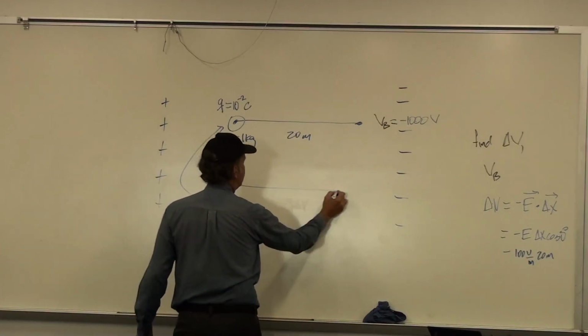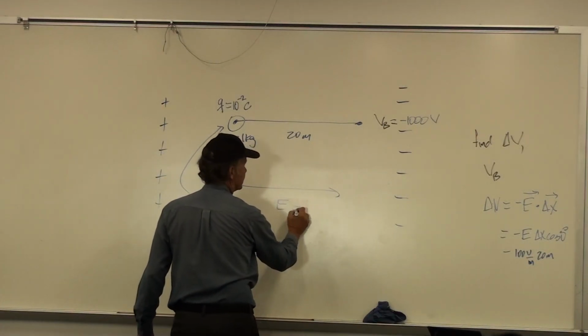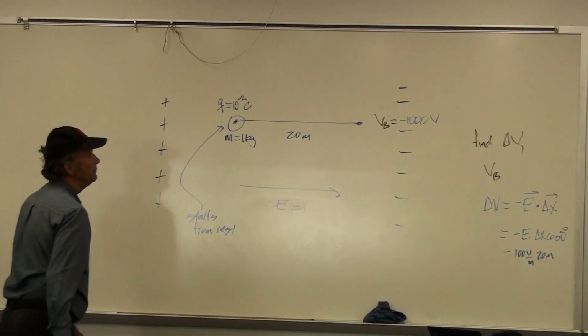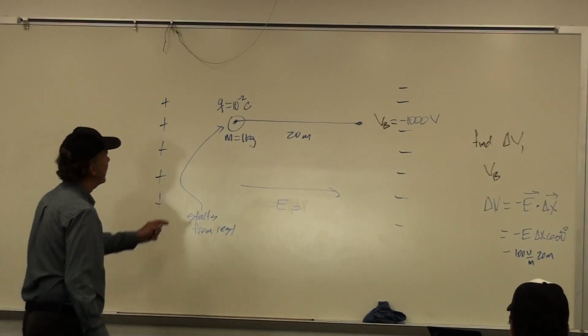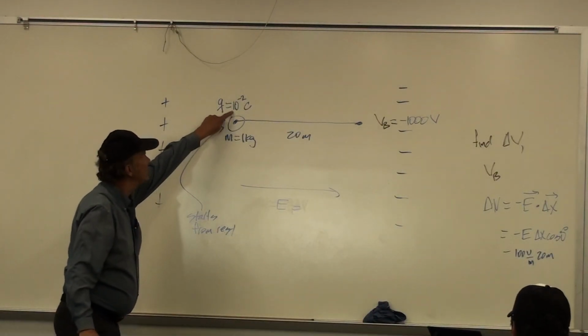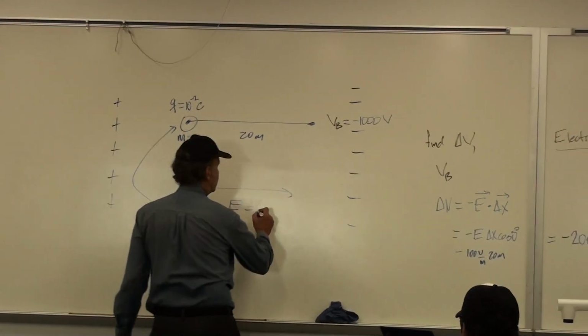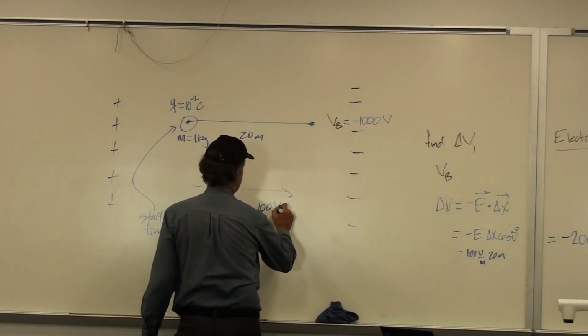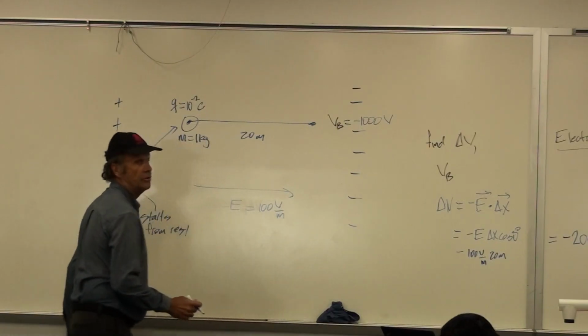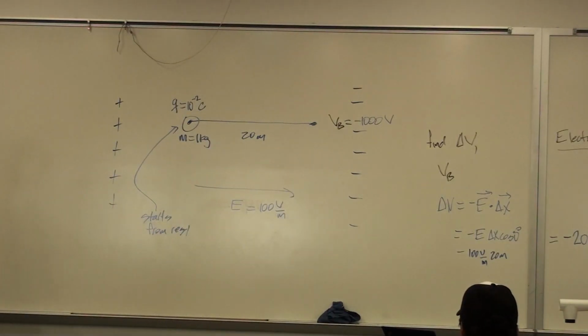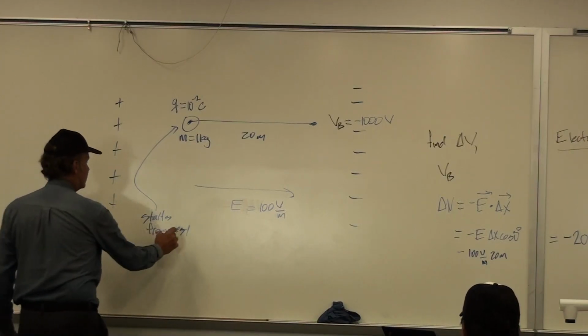and the electric field is still the same as it was before, so I haven't changed anything about the problem, except that I put a charge there that has this amount of coulombs on it, and it's 1 kilogram. The electric field is still 100 volts per meter. Remember, that's the same thing as Newton per coulomb from before. Just a different way of writing the same thing through that 20-meter distance. And let's say it starts from rest.